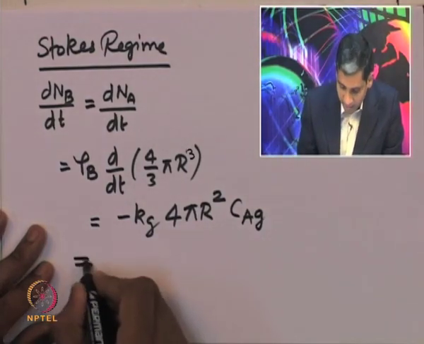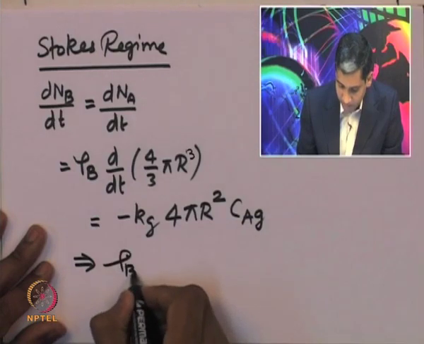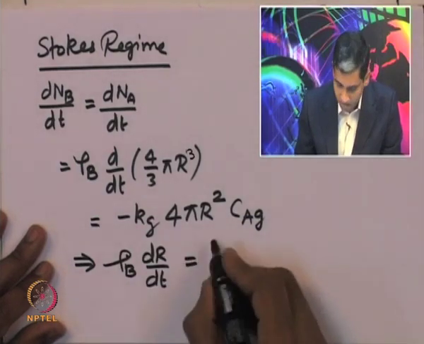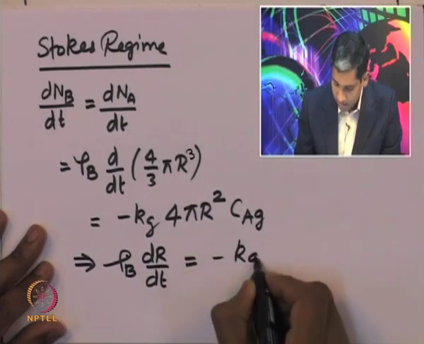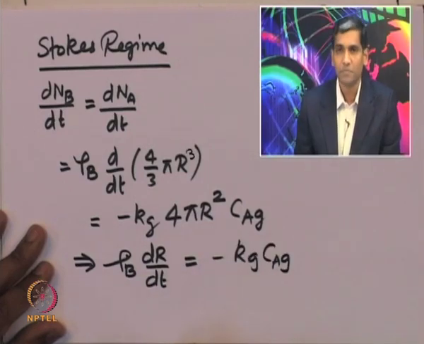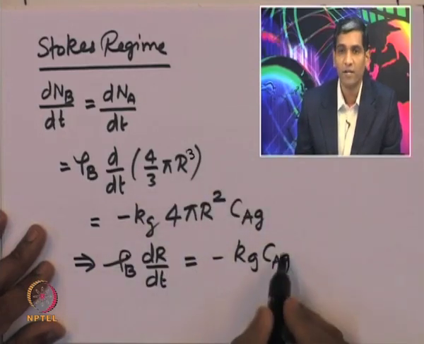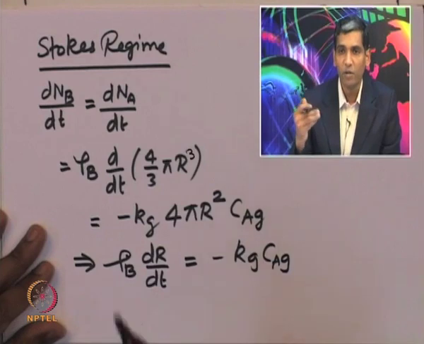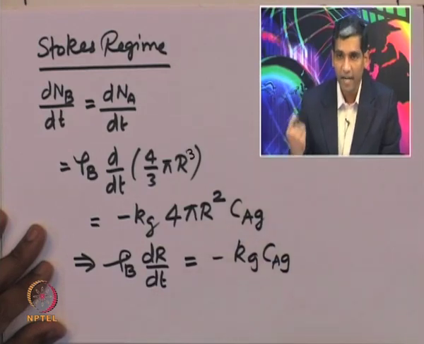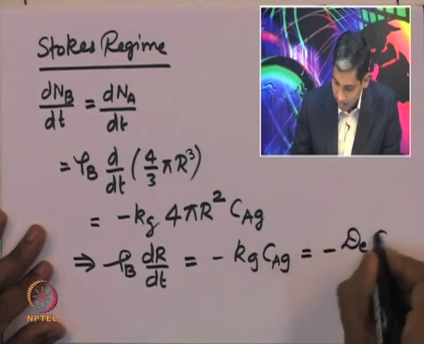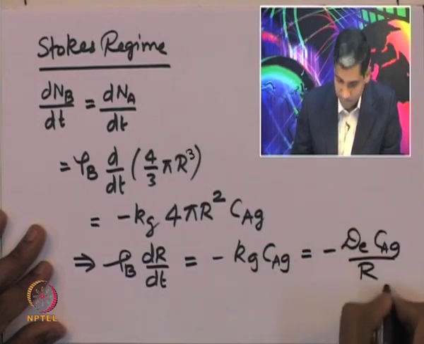So, from here we can write that rho b into dr by dt is equal to minus kg into Cag. But in the Stokes regime, the mass transport coefficient is the ratio of the diffusivity divided by the radius of the particle, and so that is given by minus dE into Cag divided by r.